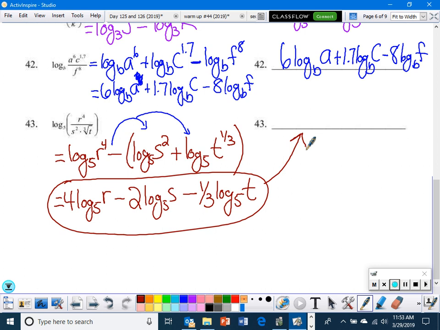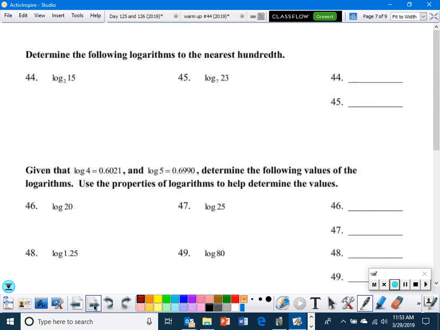Number 44. Determine the following logarithms to the nearest 100th. This is where we use the change of base formula. So now we can use our calculator to find these answers.